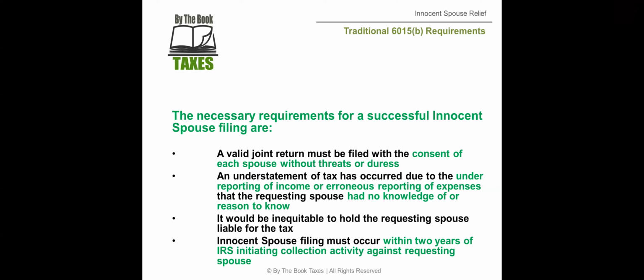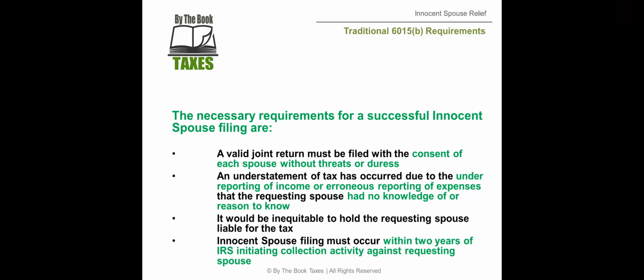The fourth is a time frame. Typically what happens is one spouse who generates the income will not respond to the IRS collection letters, so the IRS goes after the other spouse.